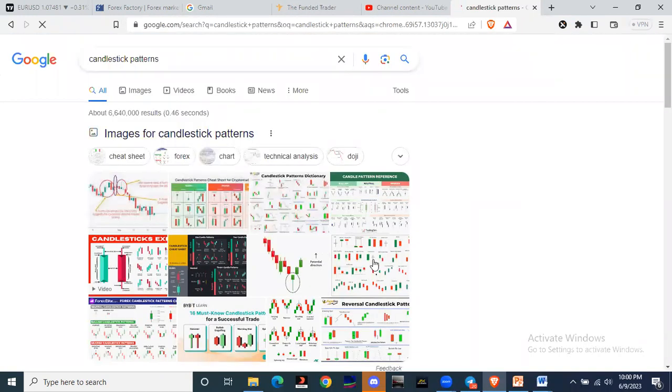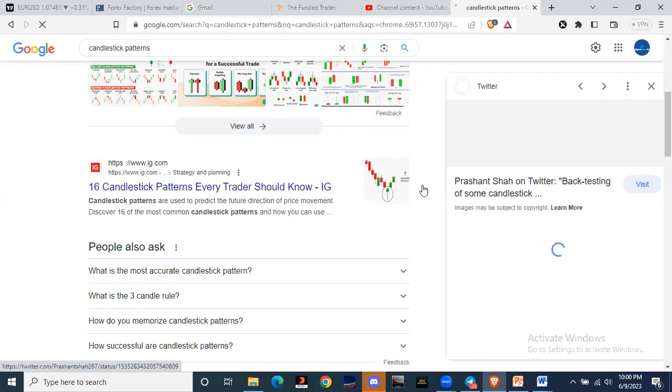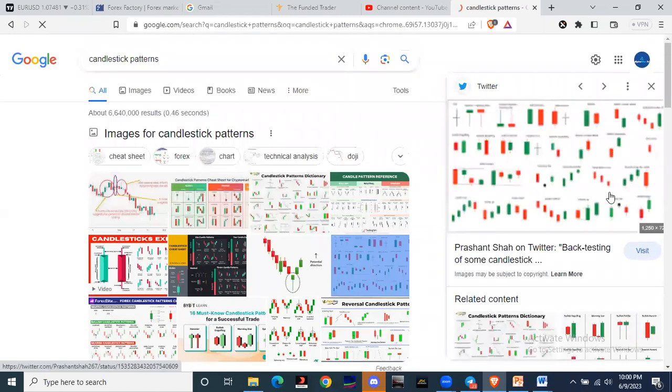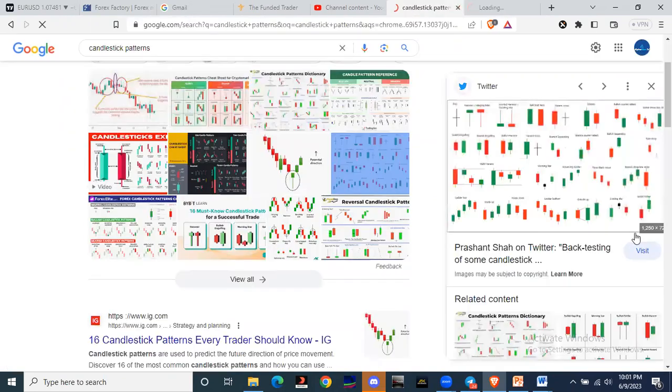Now, let me open up one like this. How do I make this bigger?